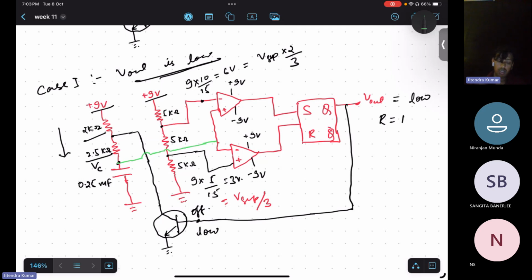Okay, great. So now we know both the values, right? V supply into 2 by 3 and V supply by 3.